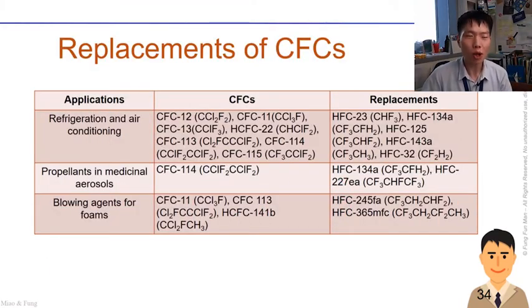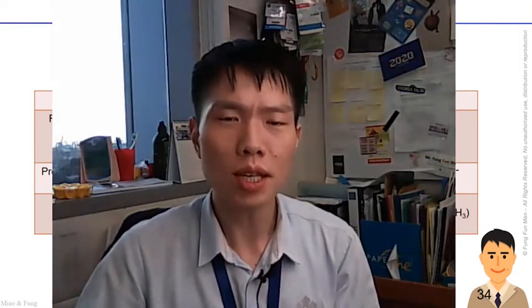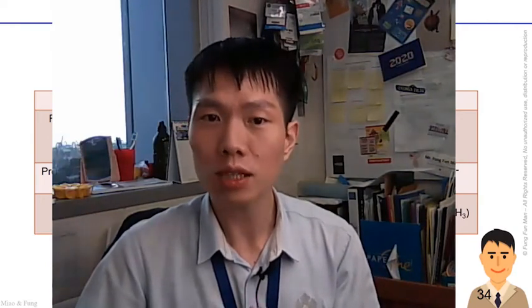For instance, we know that CFCs are used pervasively in applications like refrigeration as a coolant, because they have a high specific capacity, and in air conditioning, where they most likely exist as a liquid. If we replace CFCs, what can we use as substitutes? There are other substances that have more fluorine.